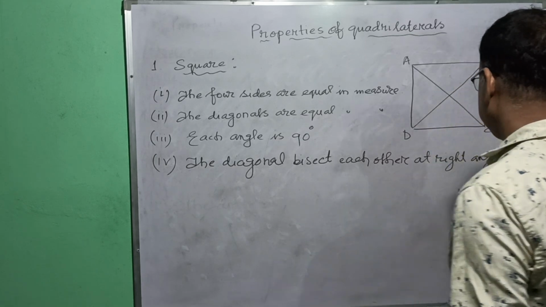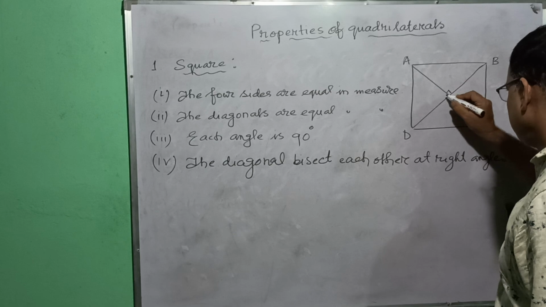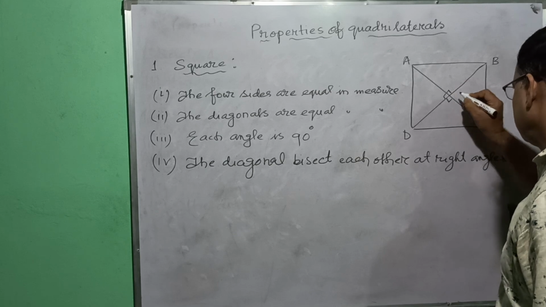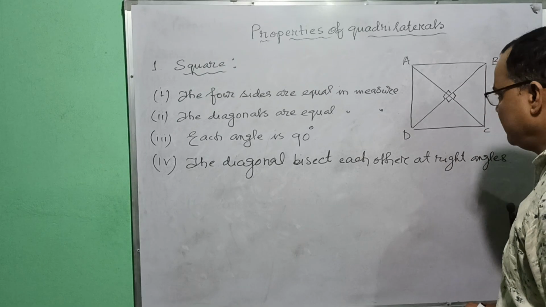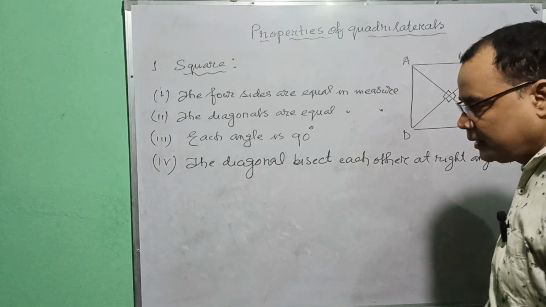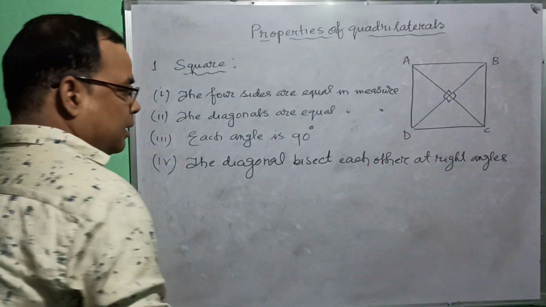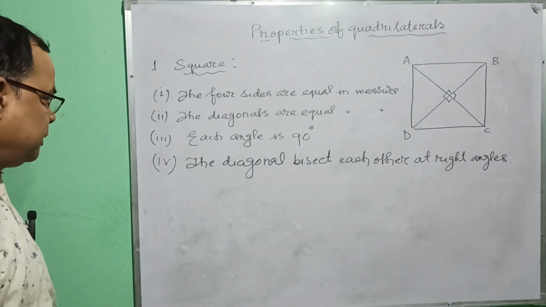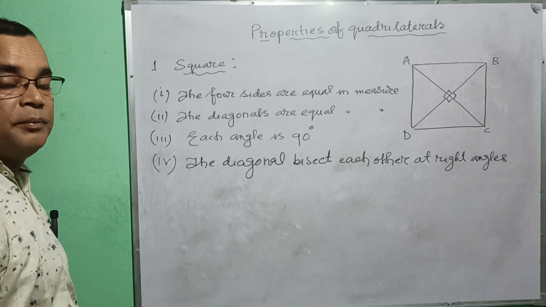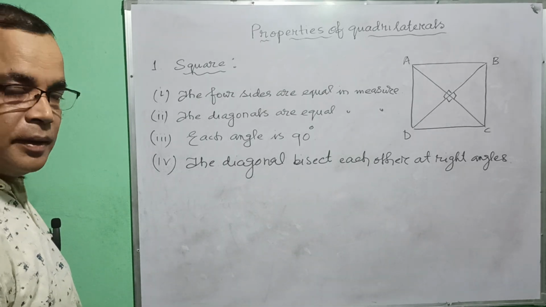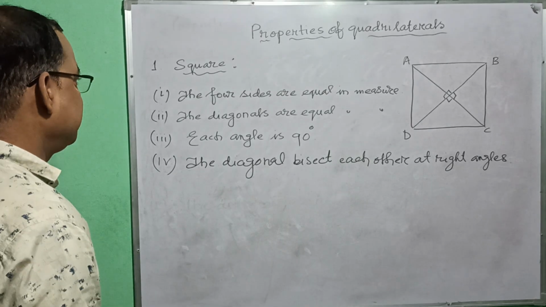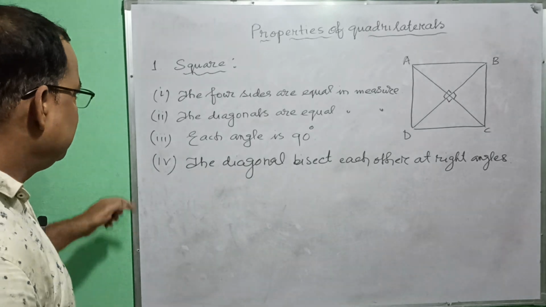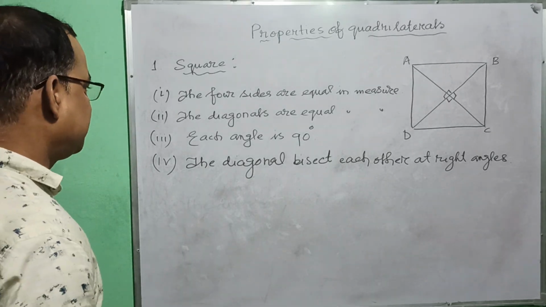It means this angle is 90 degrees, that one also 90, 90 and 90. All the four angles created by intersecting the diagonals are 90 degrees each. So these are the four main, you can say the major, properties of a square. Some other properties are also there, but you can remember only these four properties.